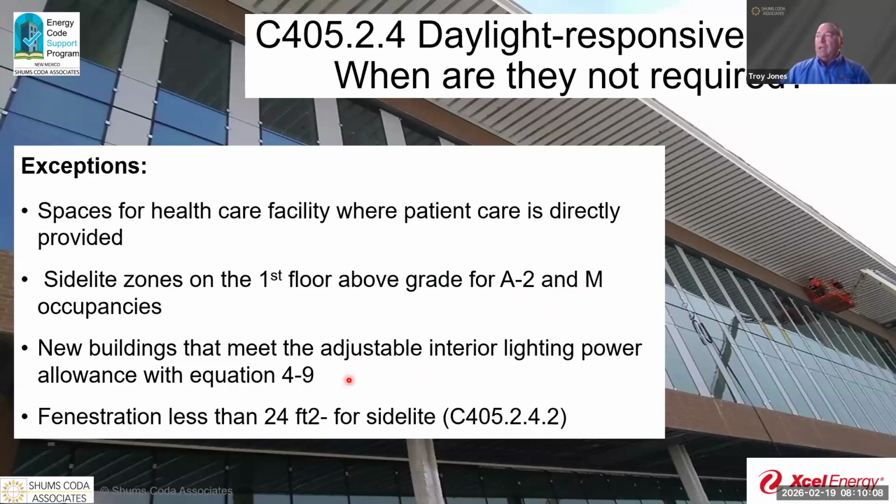So if we're already meeting the adjustable lighting power, then we don't need to be redundant with the daylighting zones. And then fenestration less than 24 square feet for side lights. So if it's under 24 square feet, we don't need to do that.